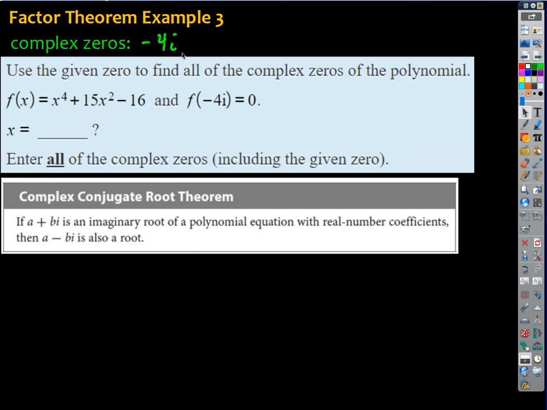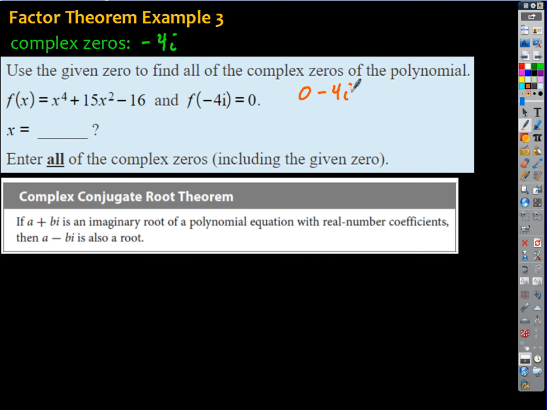Complex conjugate neighbor. So if we write negative 4i as a complex number in standard form, with a real part and an imaginary part, what is that? It's 0 minus 4i, right? So we get one root is 0 minus 4i. Well, what's the complex conjugate of 0 minus 4i? 0 plus 4i, right?